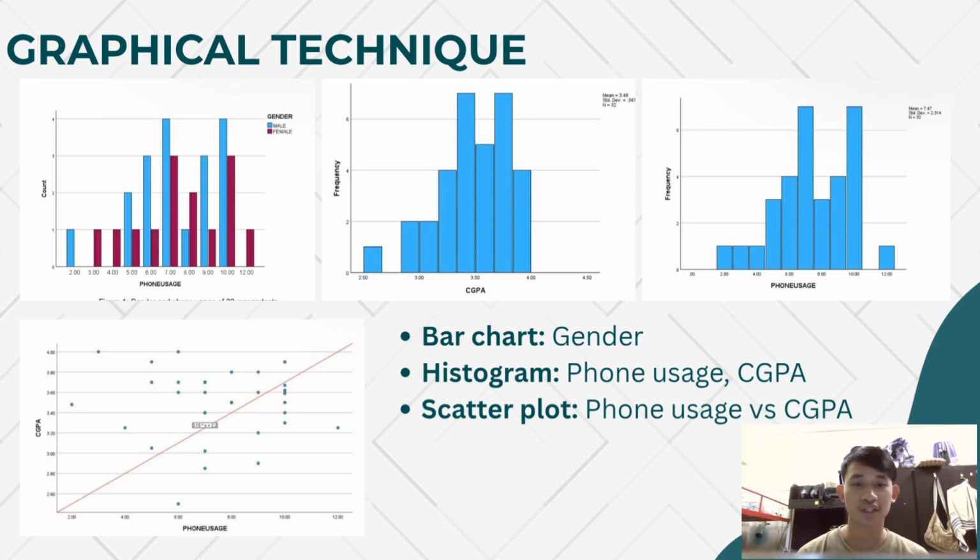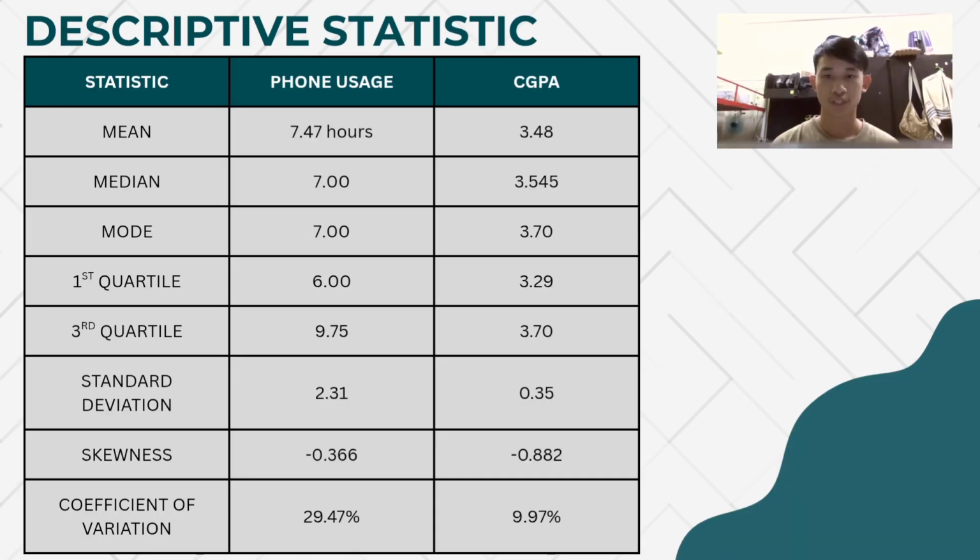This helps us understand how the values are spread out. Lastly, we have a scatter plot that shows the relationship between phone usage and CGPA. This helps us see if there is any pattern or link between how much someone uses their phone and their academic performance. This visual makes it easier to understand the data at a glance.